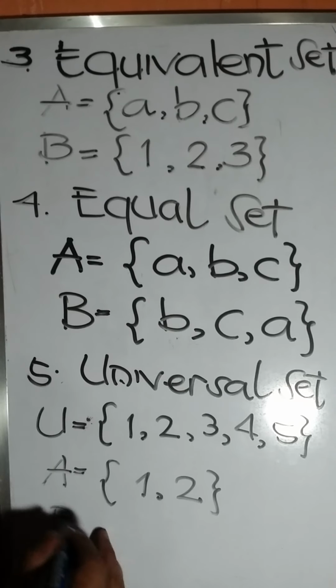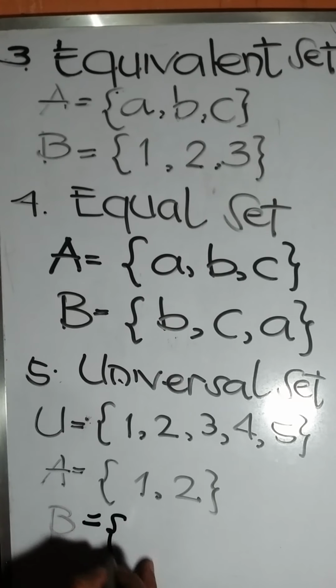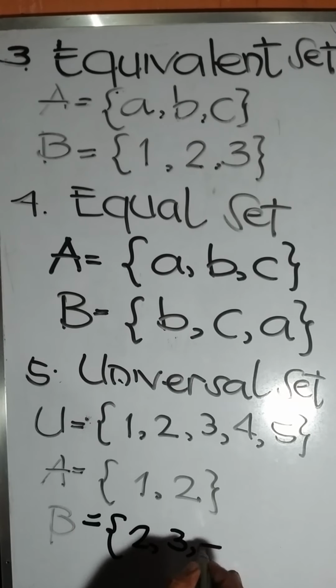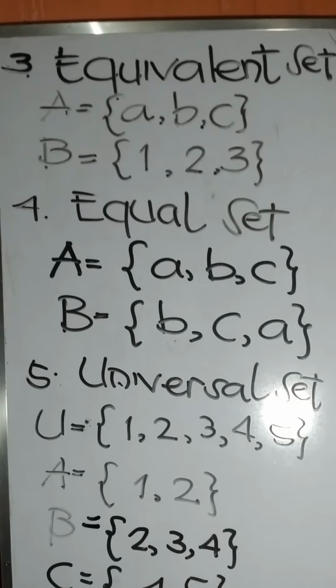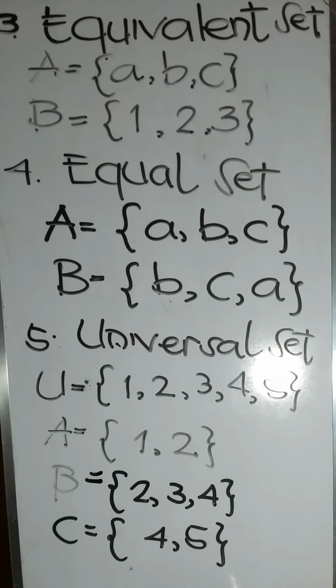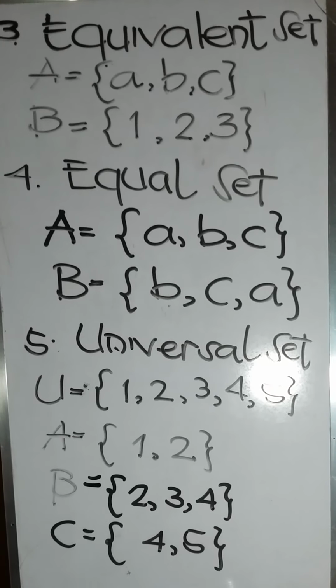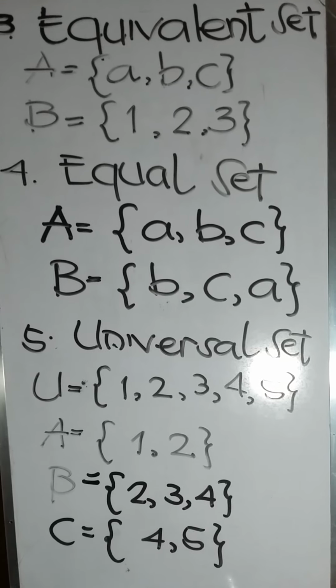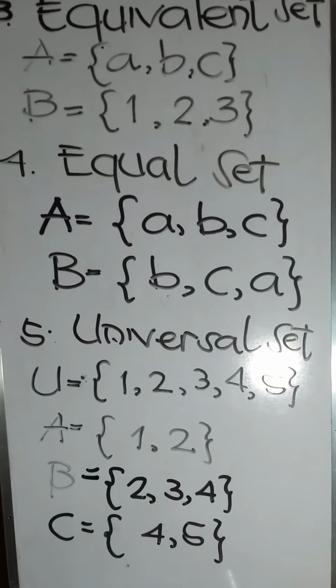Set B naman ay 2, 3, 4. Set C is 4, 5. So, ang universal set naman, siya yung kabuuan ng lahat ng set. Set A merong 1 and 2, set B merong 2, 3, and 4, set C is 4 and 5. Pag pinagsama-sama silang lahat, yun yung tinatawag nating universal set.